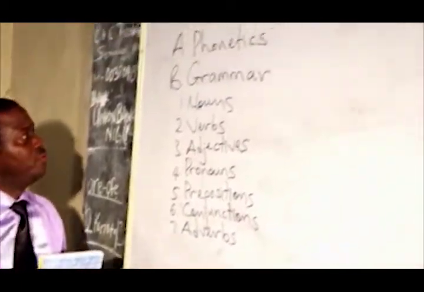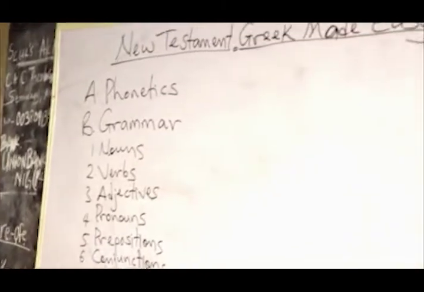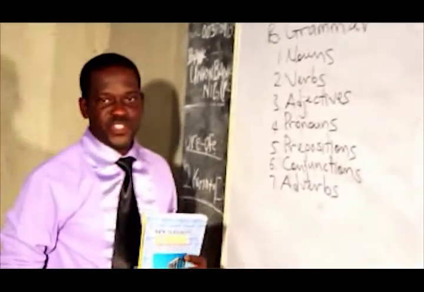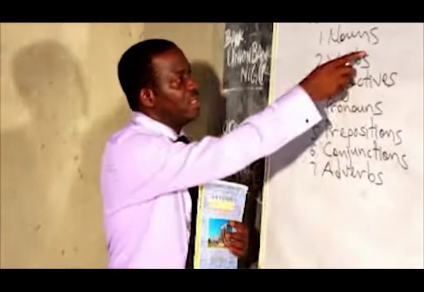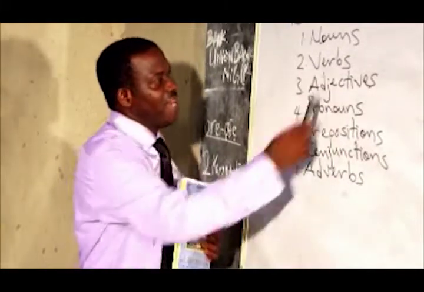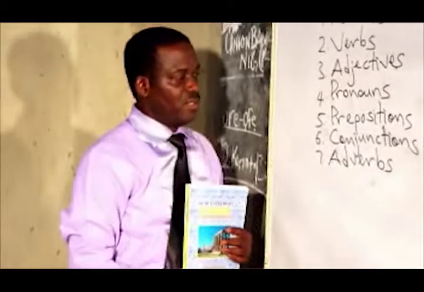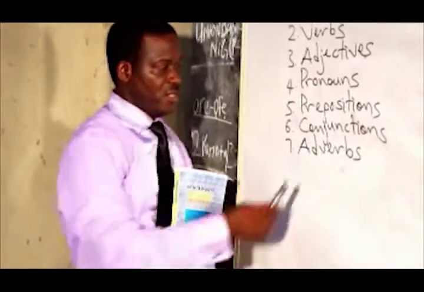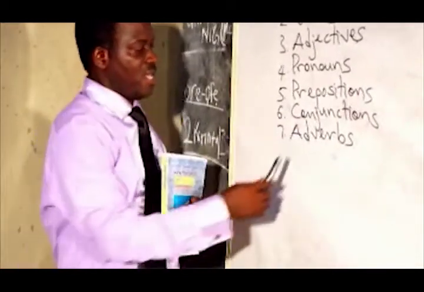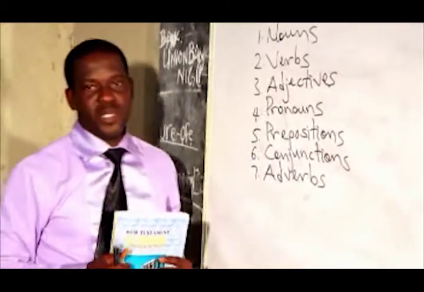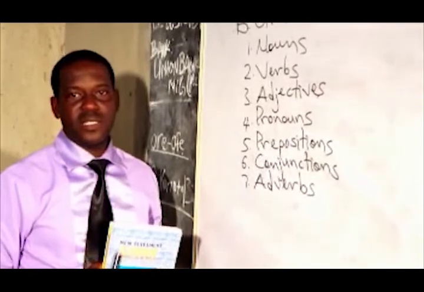In the next volume, the second volume, we shall begin to deal with Greek grammar, and we shall deal with parts of speech: nouns, verbs, adjectives, pronouns, prepositions, conjunctions, and adverbs. Therefore, look forward to the second volume.